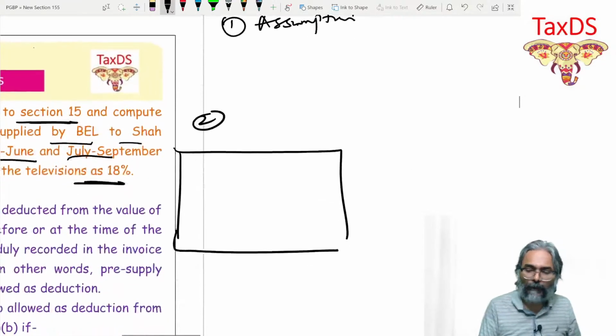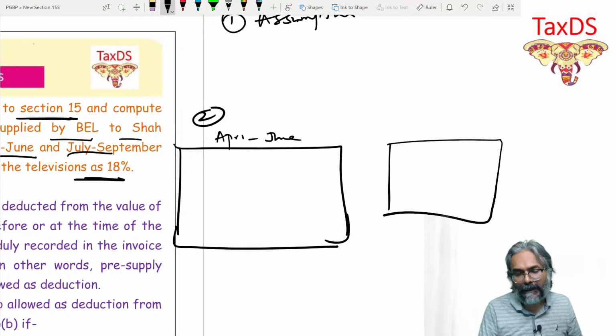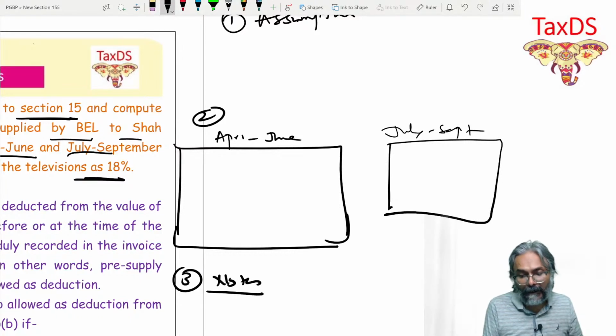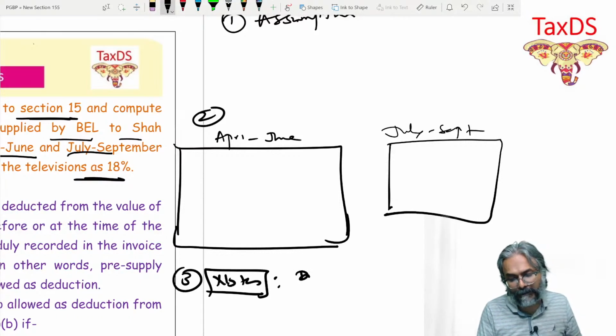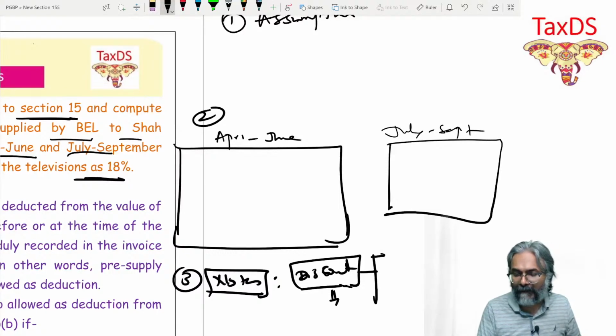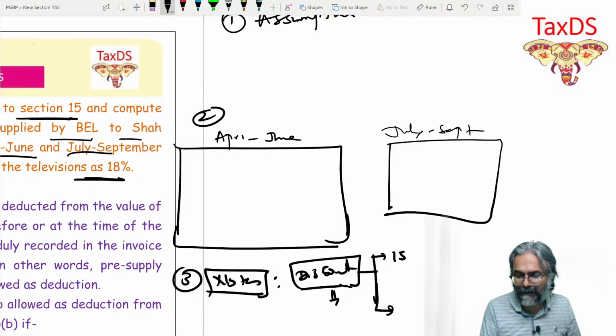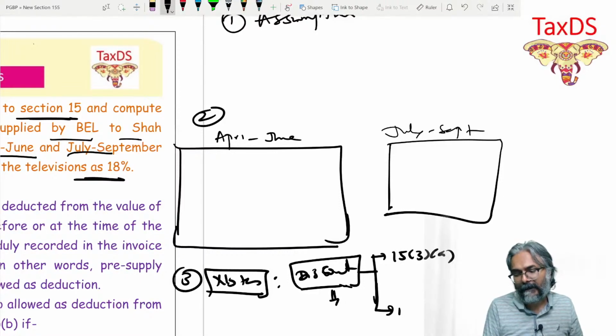Here there would be two statements, for April to June and thereafter July to September. And the third are the notes. Now in your notes, when you put across the discount part, you have to be very, very careful. You will have to put up two things very carefully, which is 15(3)(a).